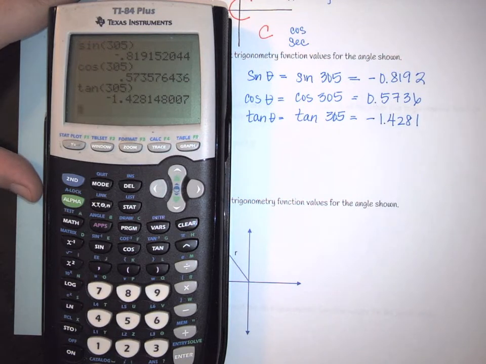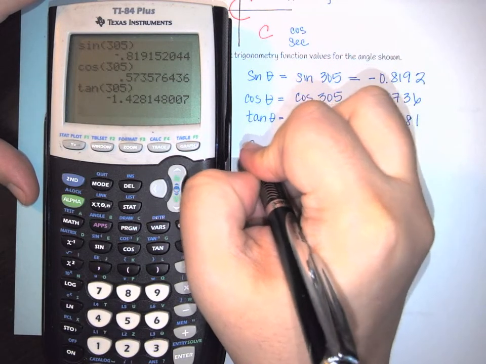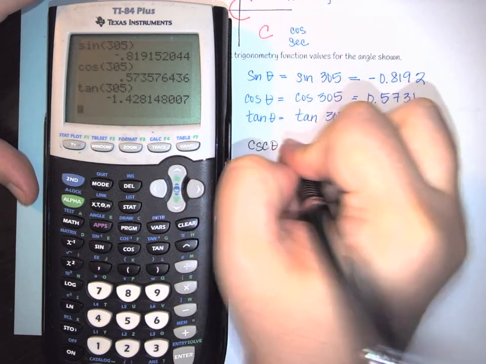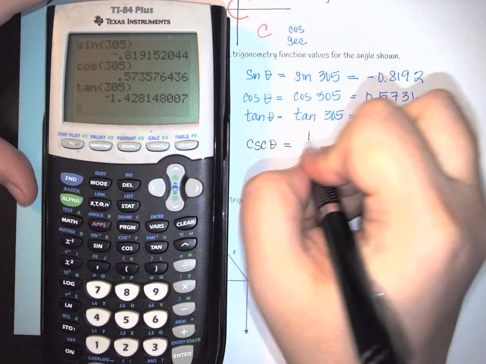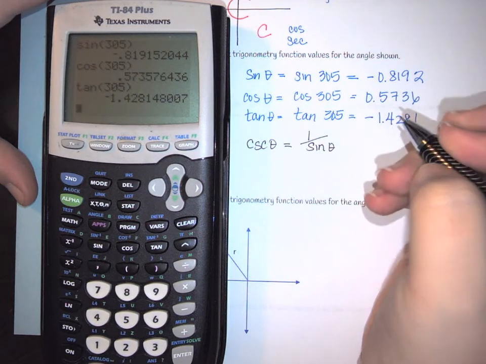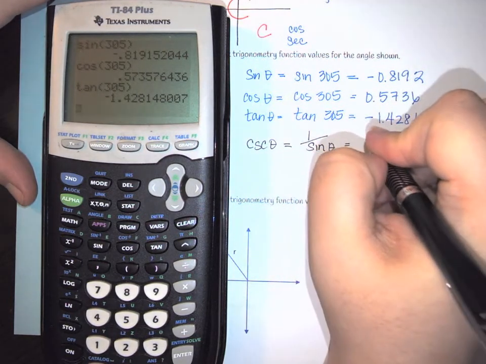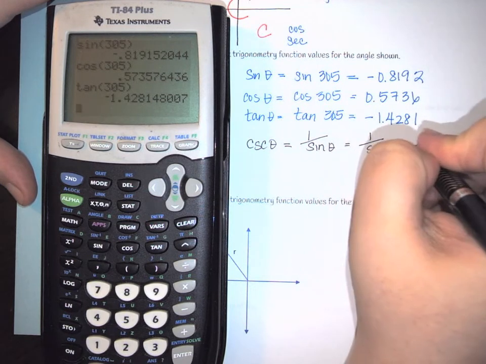Now we have to do the little 3 or the minor 3. So the first one we have is cosecant of my angle. Well, we have to remember that cosecant is the same as 1 over the sine of your angle. So in this case, we would have 1 over the sine of 305.